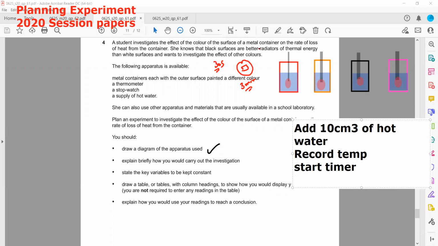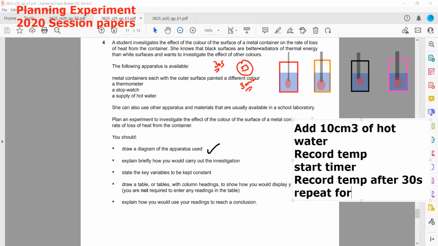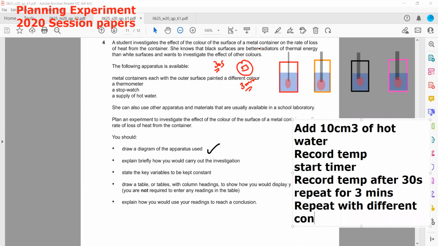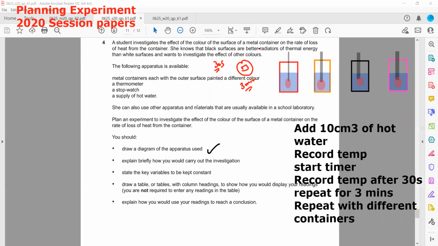Then record the temperature after 30 seconds. Then we'll repeat for 3 minutes. This is the procedure which we will follow, and then we'll repeat with different containers, different colors of container basically. So this is the answer for how we carry out the investigation.